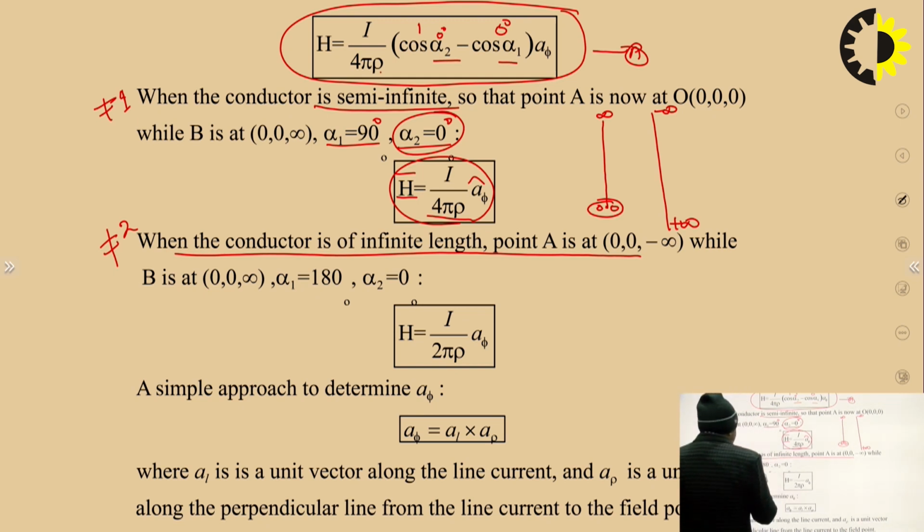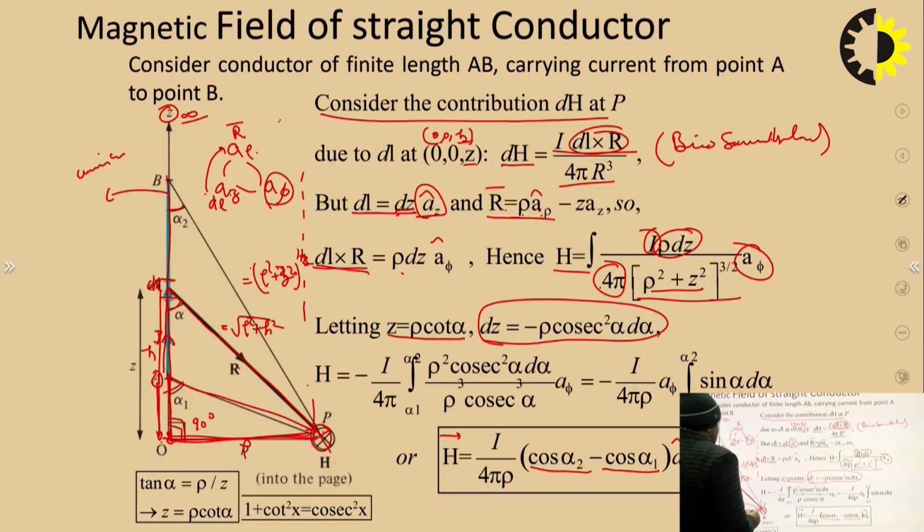In this case, the alpha 1 is 180 degree and alpha 2 should be the 0 degree. So what is the meaning of this? You just see that if this length is minus infinity distance and this is plus infinity distance, so we can say this point is to be here and this point is to be here. So we can say this one is at 0 degree, and in the opposite direction, because this distance is very small in comparison to infinity, minus infinity, this point appears here.